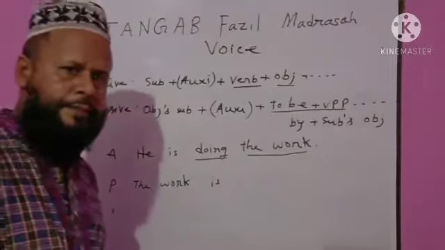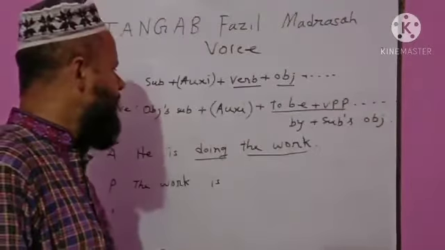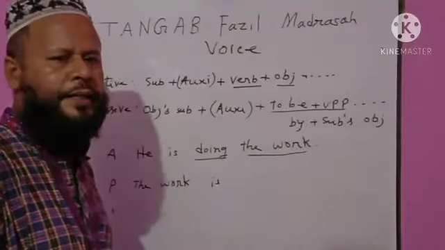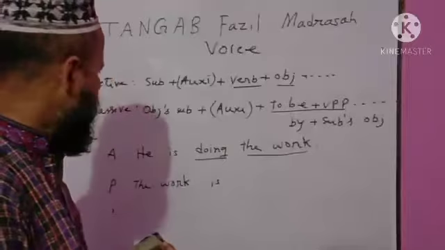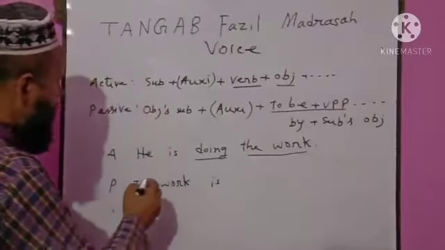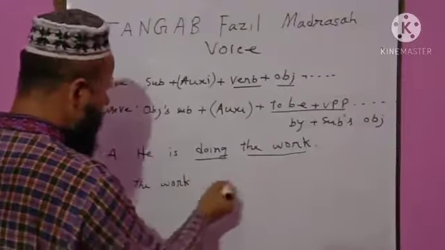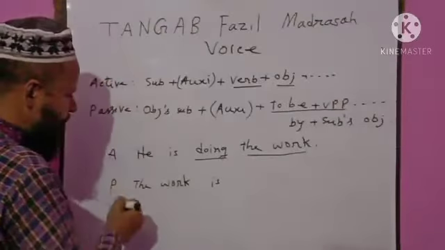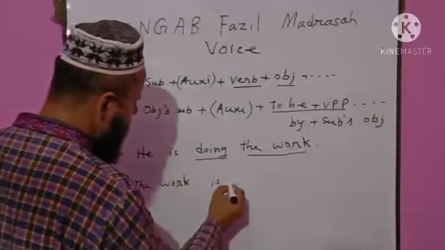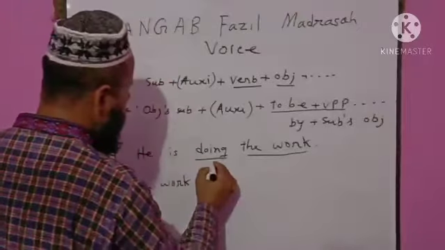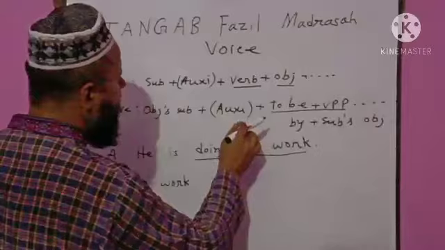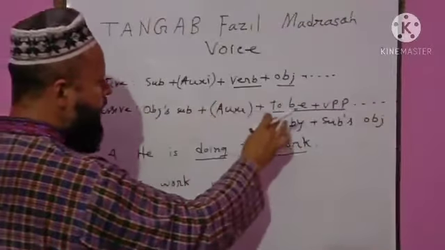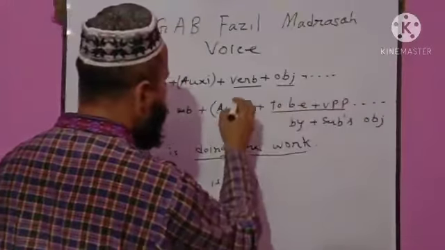The given auxiliary may be changed if the subject and object are in different persons or numbers. The work will be subject, then the given auxiliary verb, then to be. After the auxiliary, you should use to be and the past participle of the main verb.